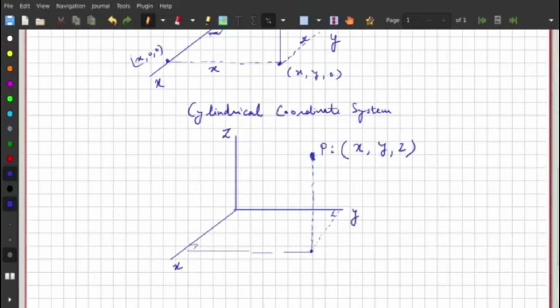So the same point P, since it is in three-dimensional space, needs a three-tuple to represent it, but we can use a different representation. This same point x, y, z is equivalent, in the cylindrical coordinate system, to rho, theta, and z, where rho is the distance from the origin to this point.